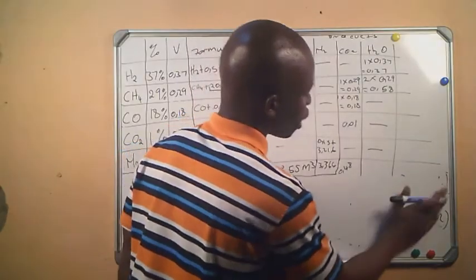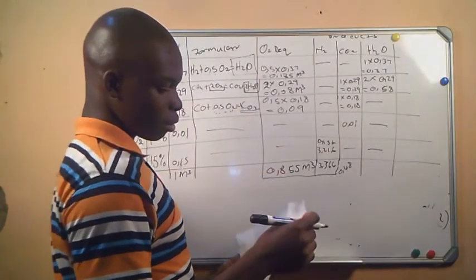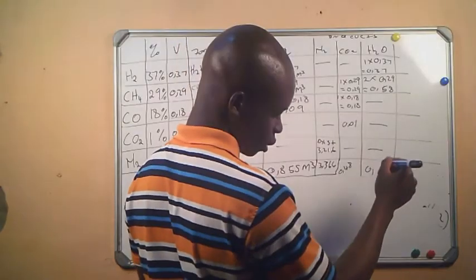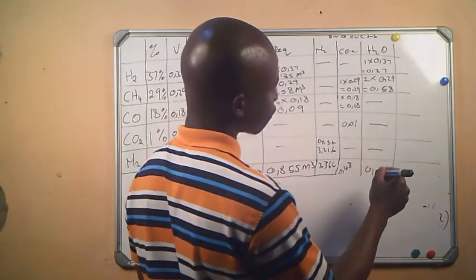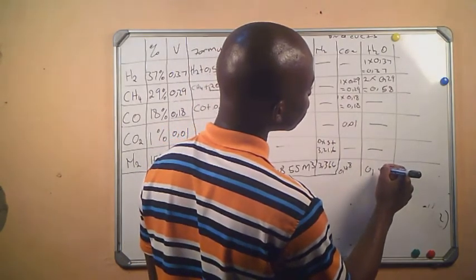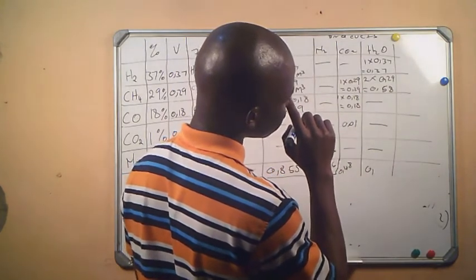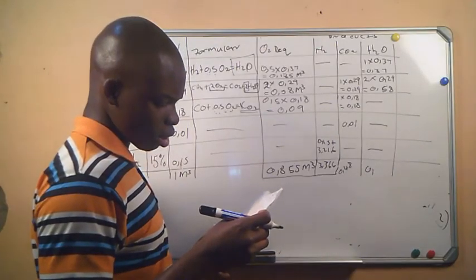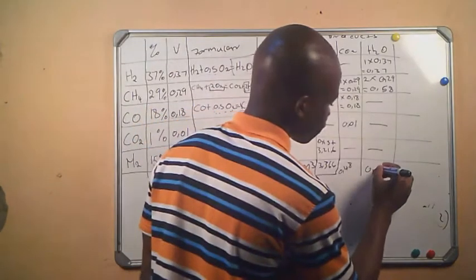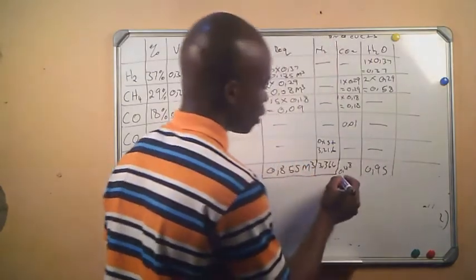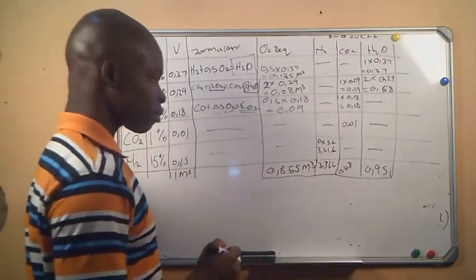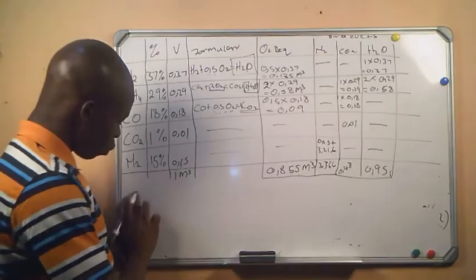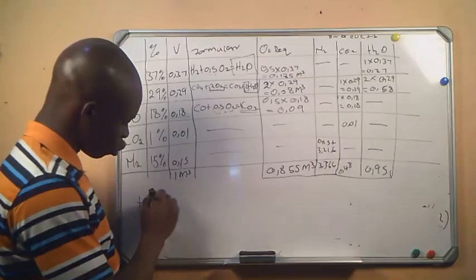And then the total amount of water in the system will be the sum of these 2, which will give us 0.95 cubic meters.